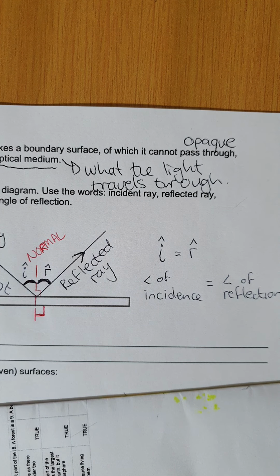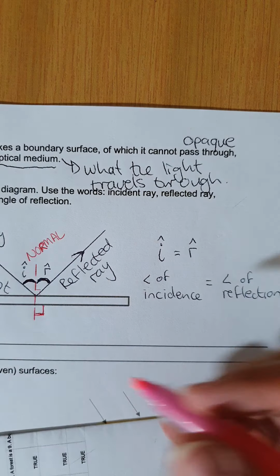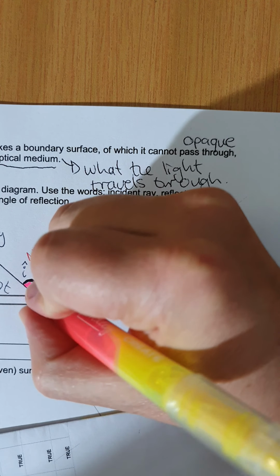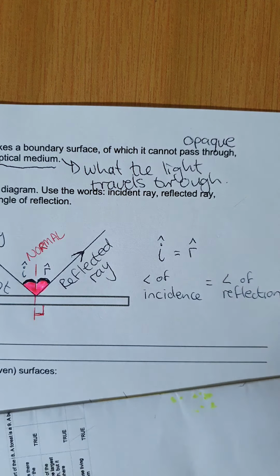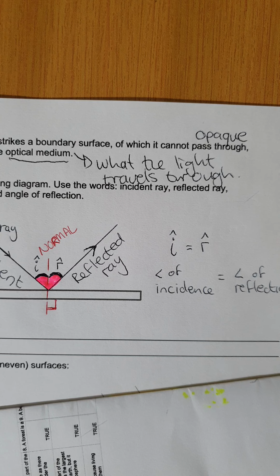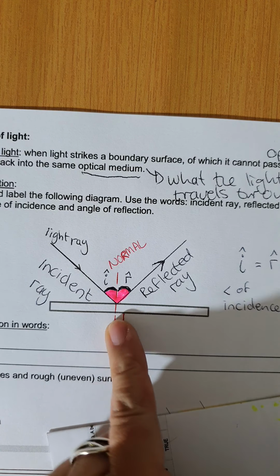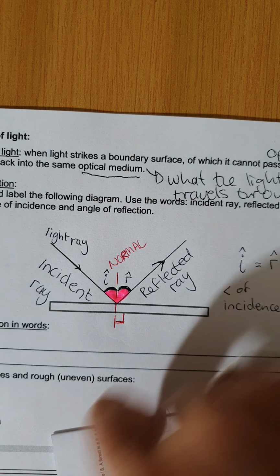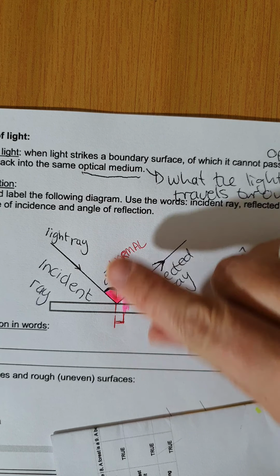Now, I want you to remember it this way. Please don't do this in a test or something. I'm just showing you to help you remember. Okay, what are we making here? You're making a heart. So I want you to remember that your angle of incidence must make a heart with the angle of reflection with the normal.